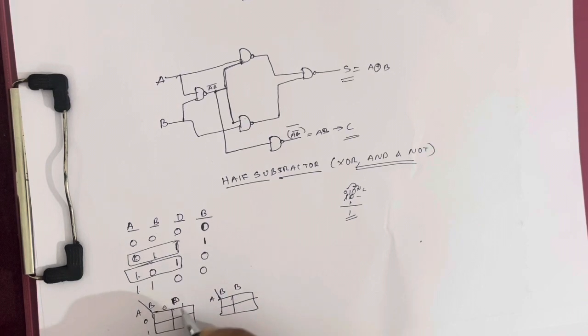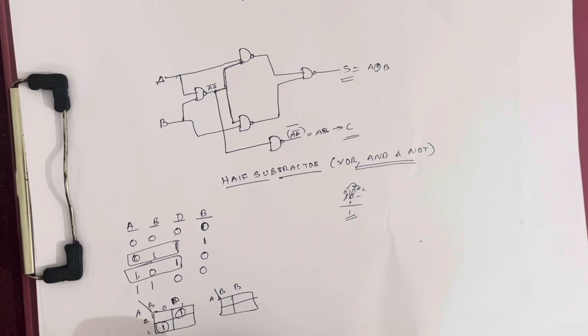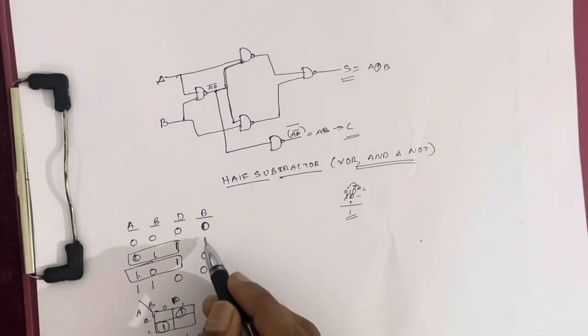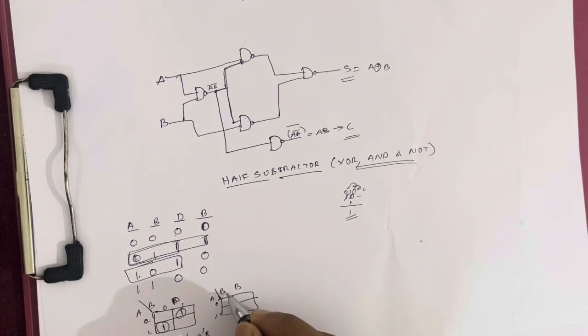Here the difference is A B complement plus A complement B, which is the same as before, which means A XOR B, right? For the borrow, there's only one part, which means 0 1, this only. Which means the borrow is A complement B.